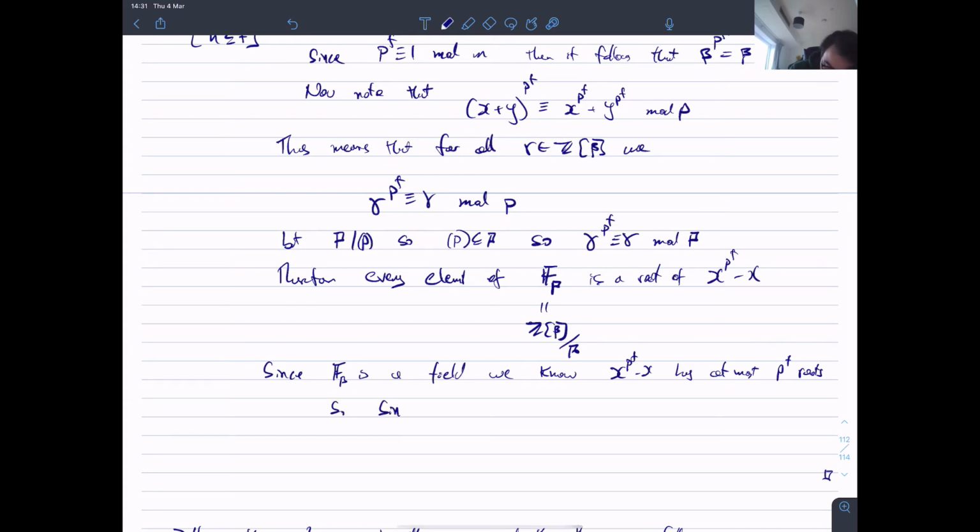So since F_p has p to the h elements, by definition, we get p to the h has to be less than or equal to p to the f. We can't have more roots than the degree of my polynomial, which implies h has to be less than or equal to f, which gives the result.